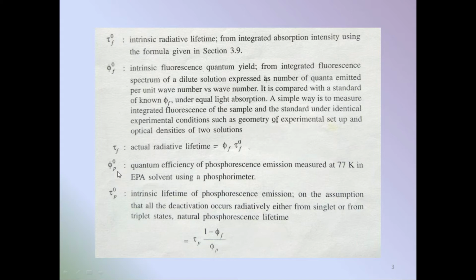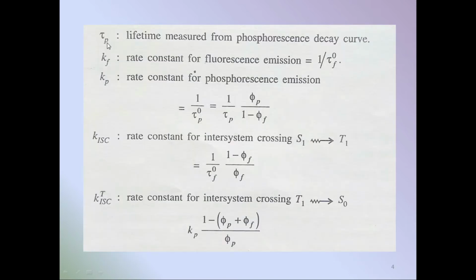Phi P naught is the quantum efficiency of phosphorescence emission at 77 Kelvin, and tau P naught is the intrinsic lifetime of phosphorescence emission, which is equal to tau P in a bracket 1 minus phi F upon phi P. Tau P is the lifetime measured from the phosphorescence decay curve.